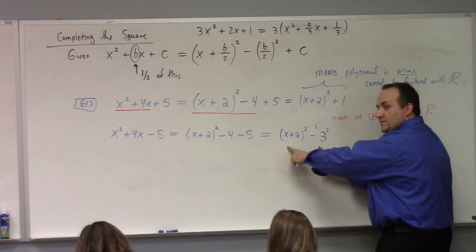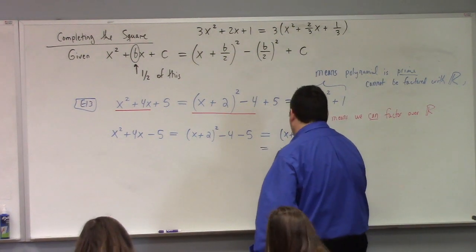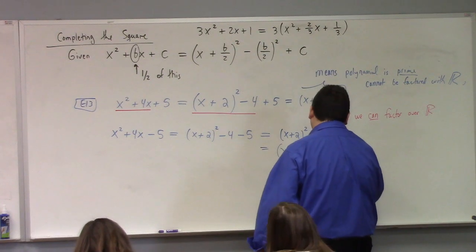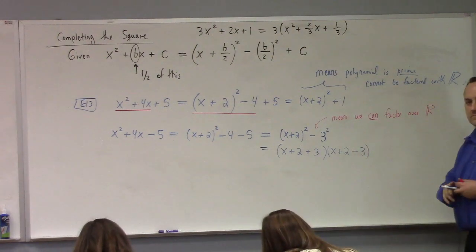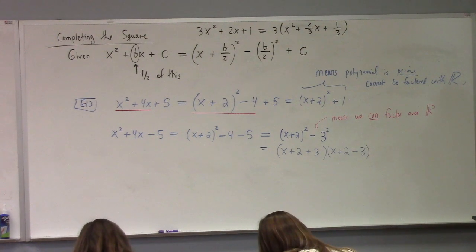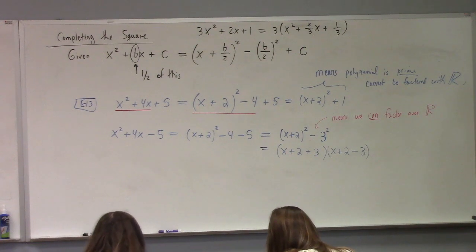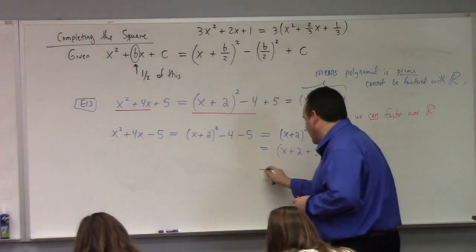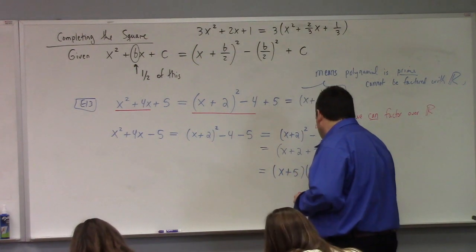It's a difference of squares. So this is (x + 2 + 3) times (x + 2 - 3). What is that, though? That is (x + 5) times (x - 1).